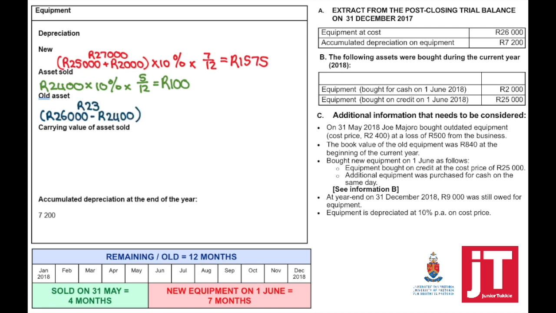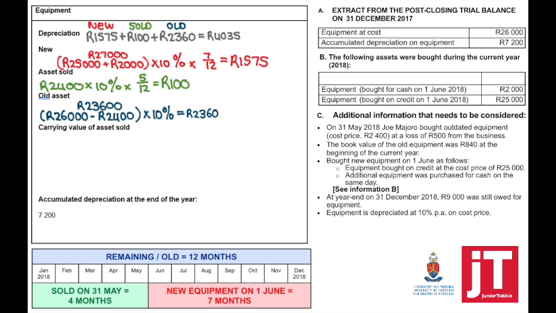This is why I need to take the cost in the beginning minus the cost on the asset which I disposed of. Then I can times it by 10% to get the depreciation on the old or the remaining. My total depreciation is now the new plus that which we sold plus the old, that equals 4,035.